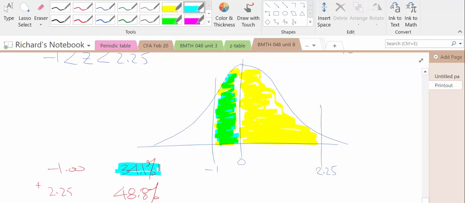And 48.8% of the data is between 0 and 2.25.